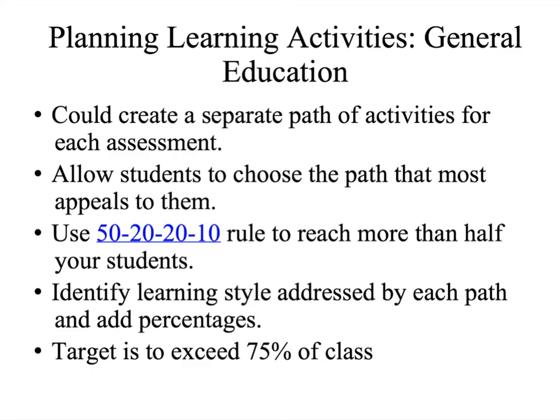You may not be able to hit every learning style for every activity or every unit, but if you make an effort to create different learning activity options or paths for at least 3/4 of your students, you'll be better than most.